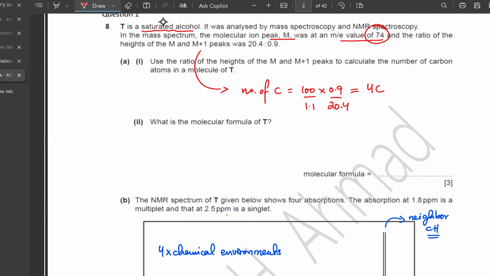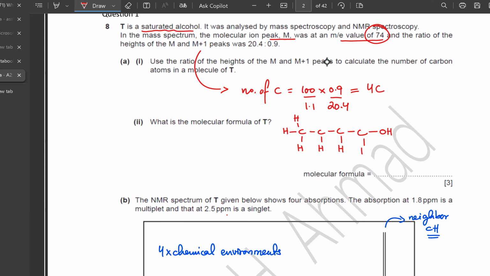So it's an alcohol with 4 carbon atoms, and this alcohol has an M peak, the molecular ion peak, of 74.